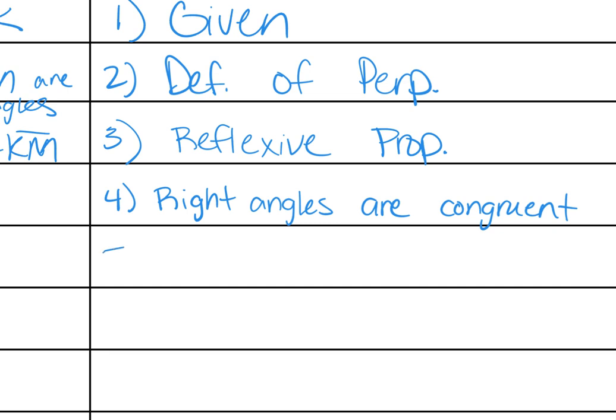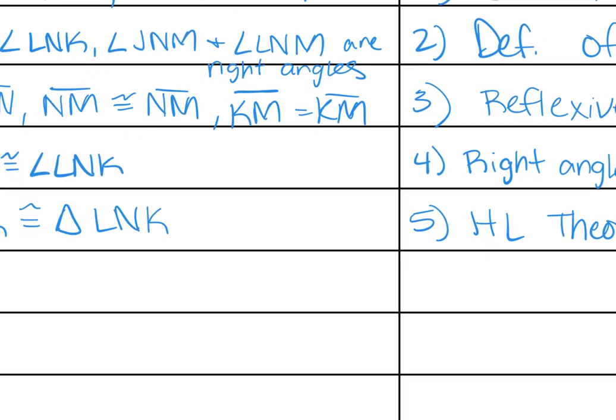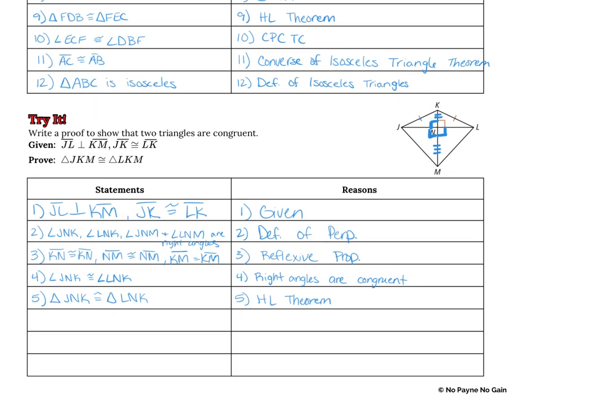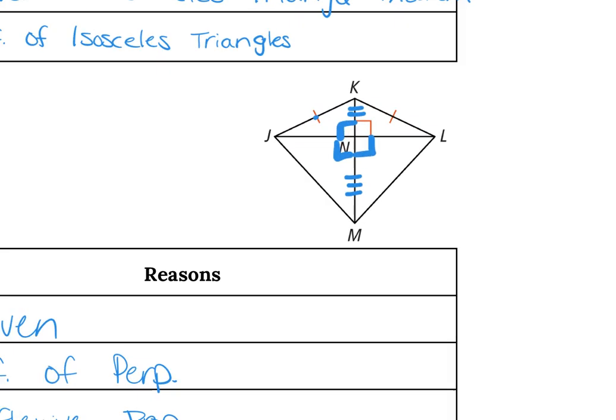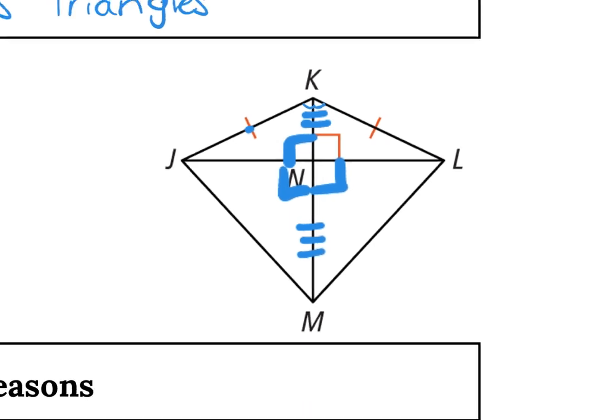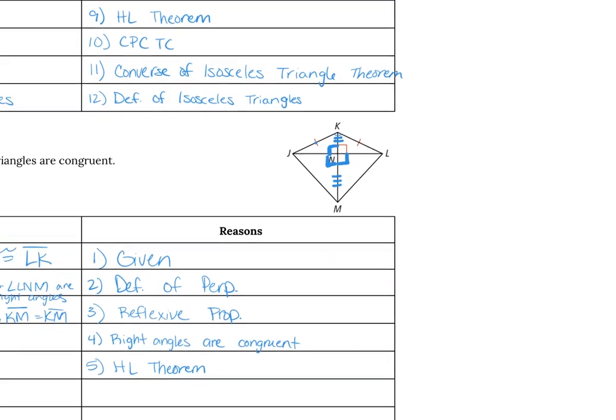So we can do this through hypotenuse leg. We can prove JK, zoom in here a little bit, I can prove JKN is congruent to LKN through corresponding parts of congruent triangles.